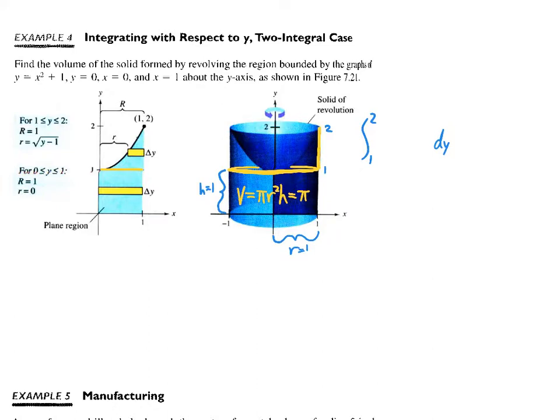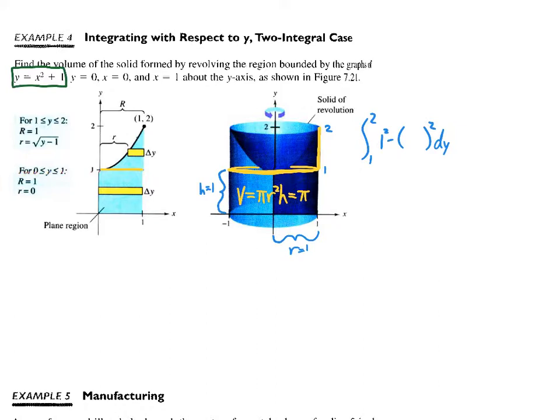So the one that is further away from the axis of revolution is x equals 1. So when we set this up, it's going to be 1 squared minus the other part squared. Okay? So here's where we've got to do a little bit of other work.